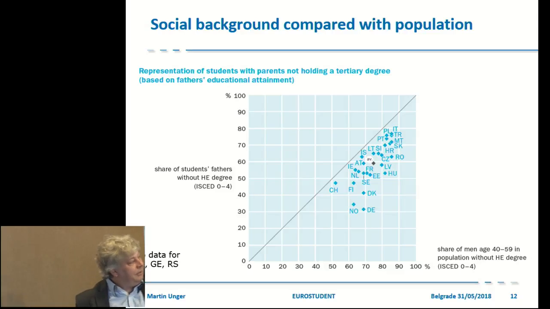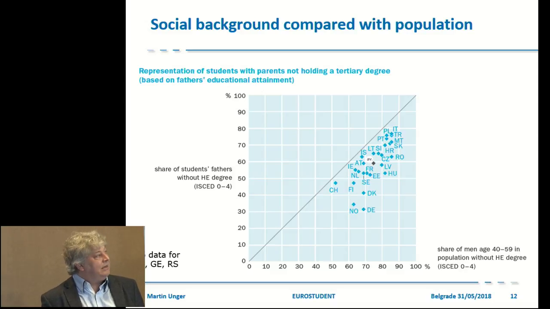But here we have Switzerland very close to that line. We have Ireland quite close, Iceland quite close, and Portugal as well. Portugal is one of the countries that invested quite a lot recently in these ISCED 5 short cycle programmes.